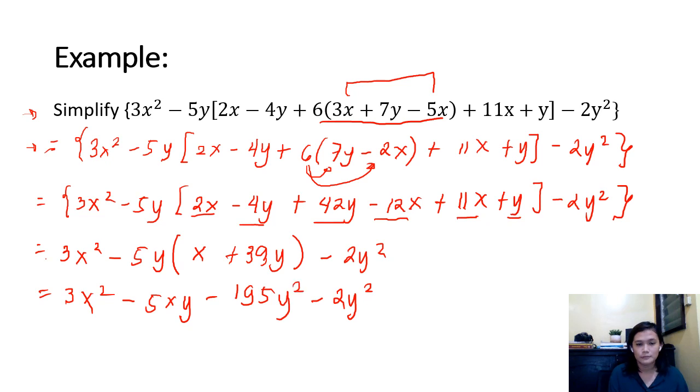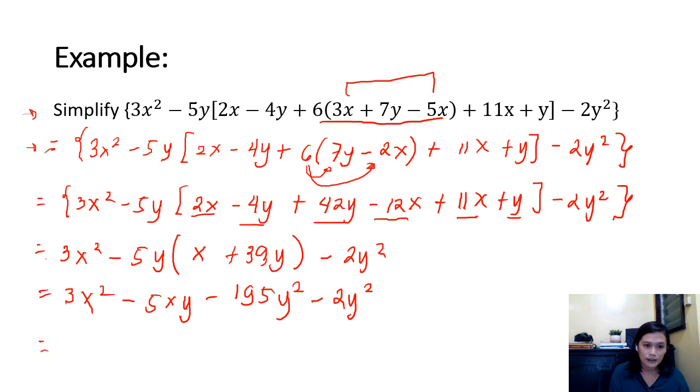Oh, y squared, because negative 5y times 39y. You need to add the exponents when you multiply one term by another term, so you need to add the exponent of the variable. So you have 195y squared.